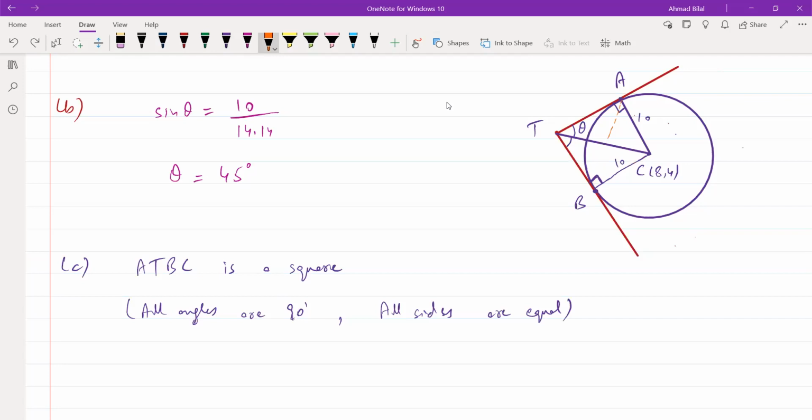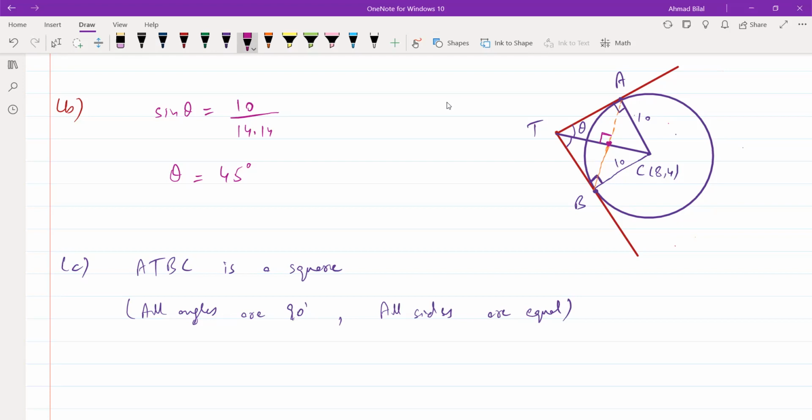Remember the properties of the diagonals of a square? What do we know about that? Diagonal जो होता है square का, what do we know? It passes through the midpoint, and it is also perpendicular. Right? Does everyone remember that? Diagonals of a square, they cross each other at the midpoint, and they also make 90 degrees with each other.